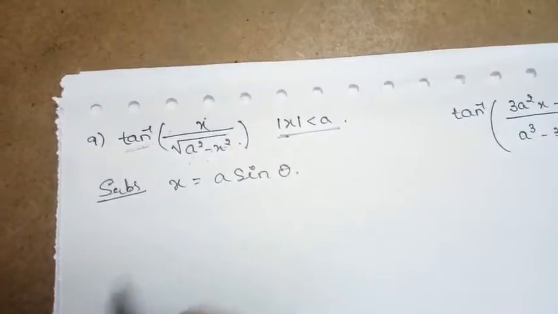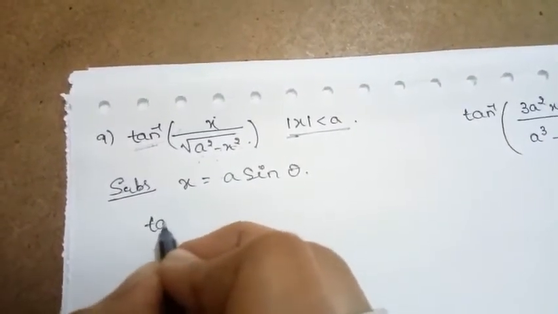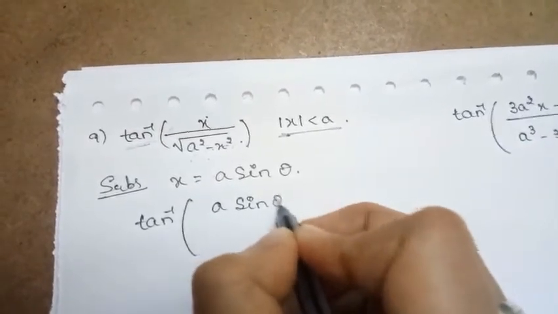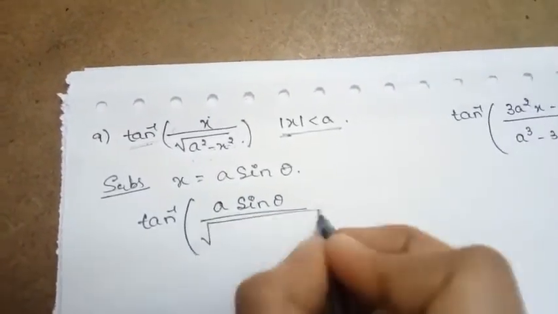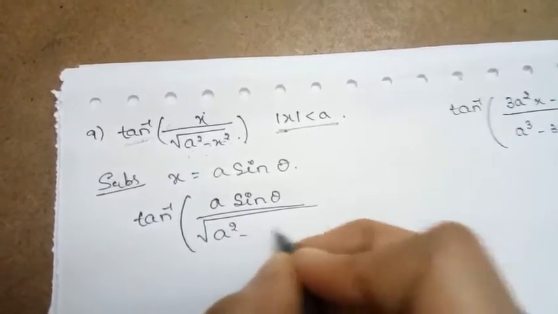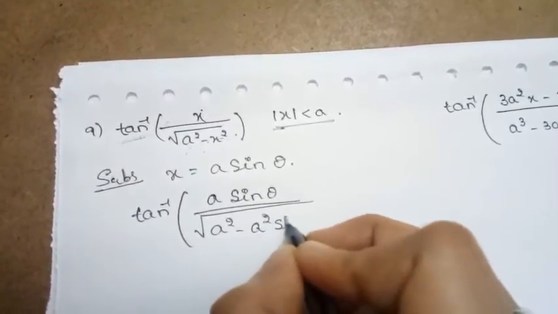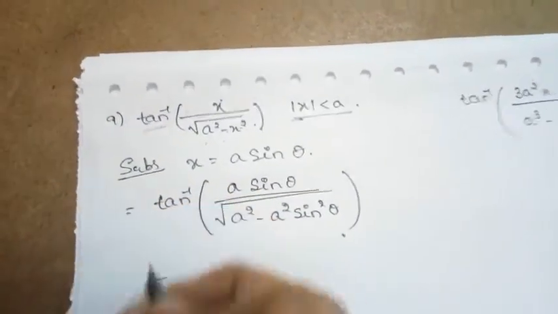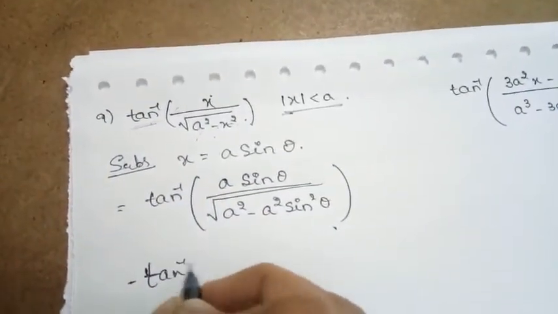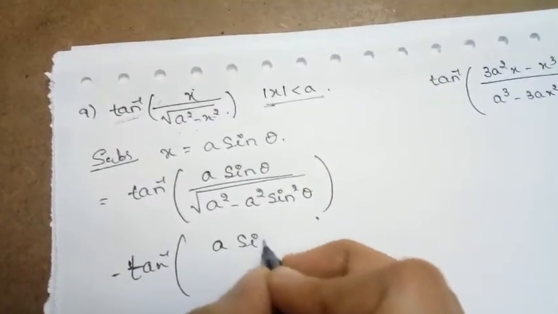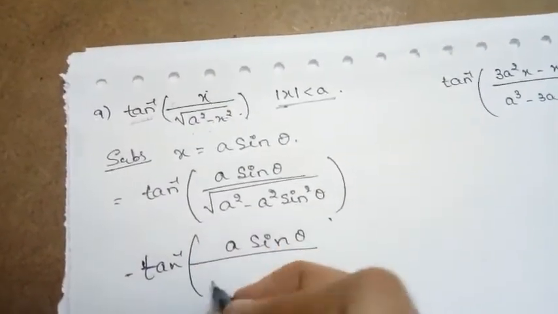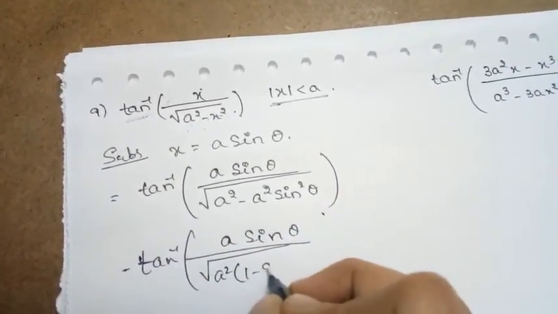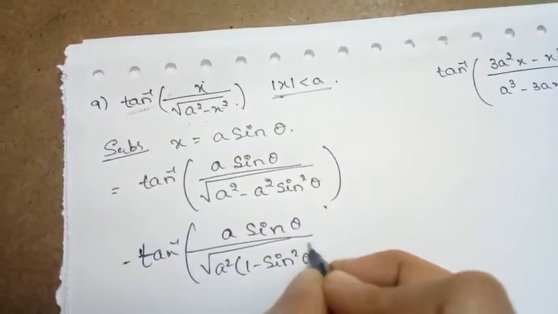So if I substitute x with a sin theta, that is nothing but tan inverse of a sin theta divided by square root of a square minus a square sin square theta. In the denominator, if I take a square common outside, what am I going to get? 1 minus sin square theta.